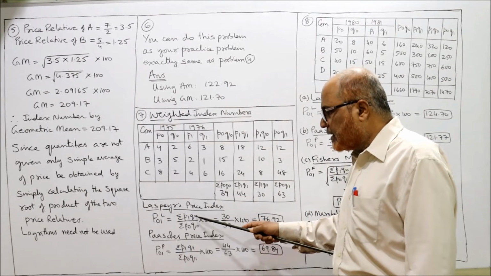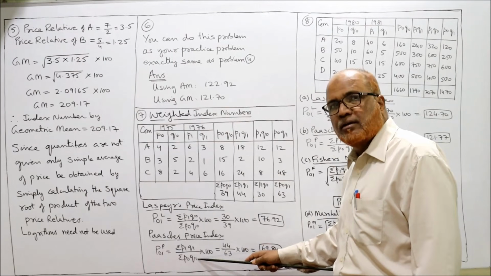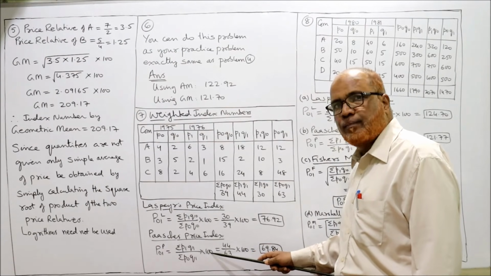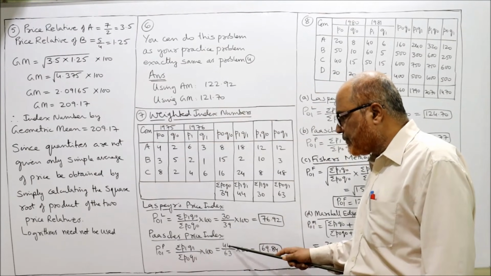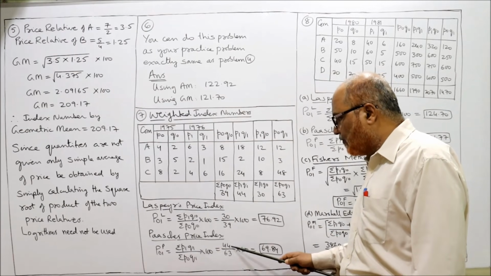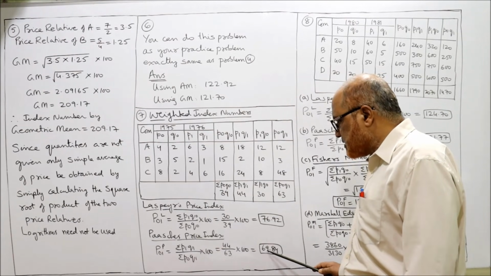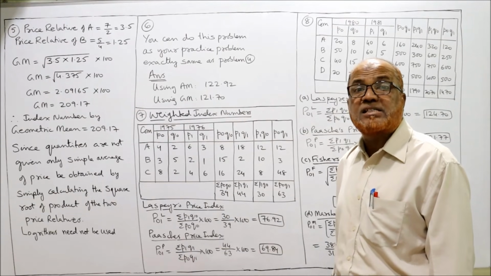Here we multiply Q0, now here we multiply Q1, current year quantity, into 100. So numerator P1 Q1 is here 44, and P0 Q1 is 63. So 44 by 63 into 100, 69.84. This is the price index according to Paasche's method.